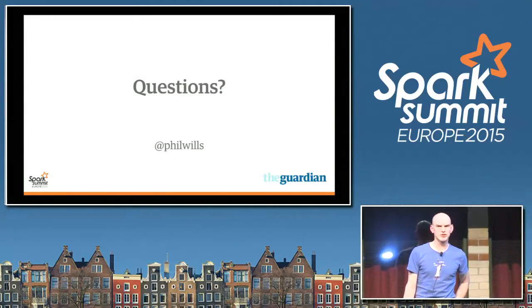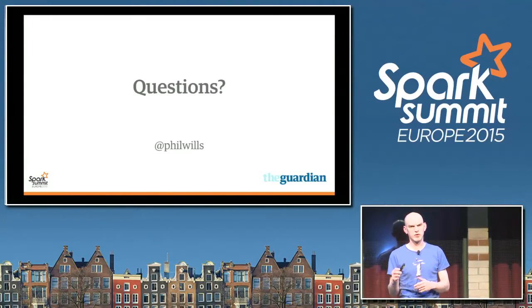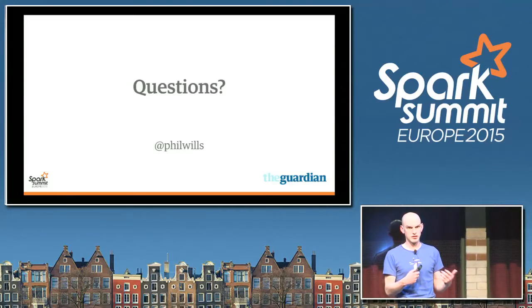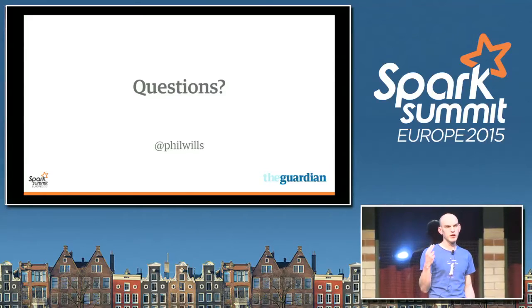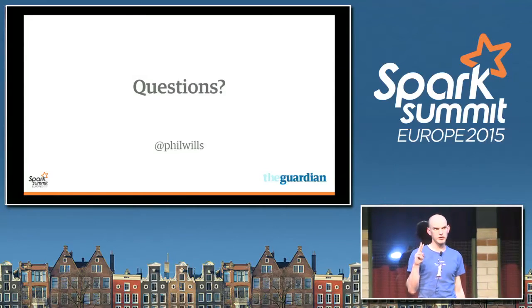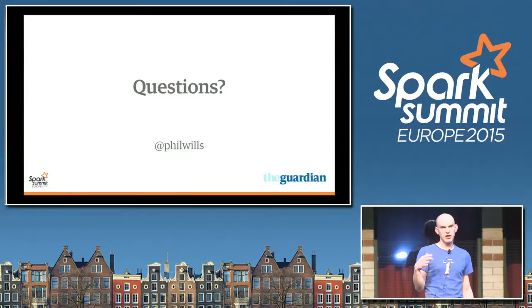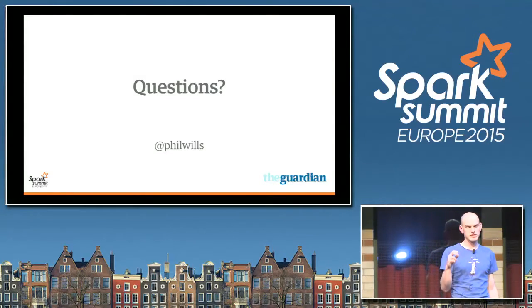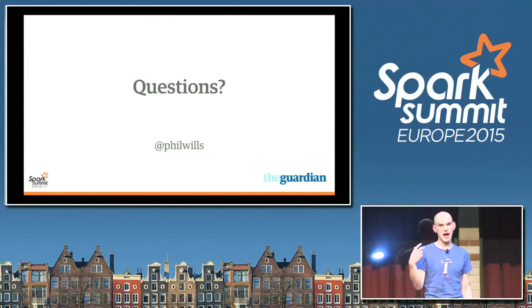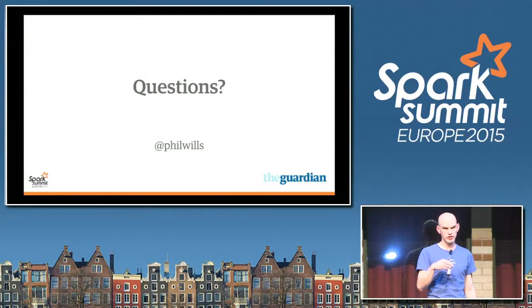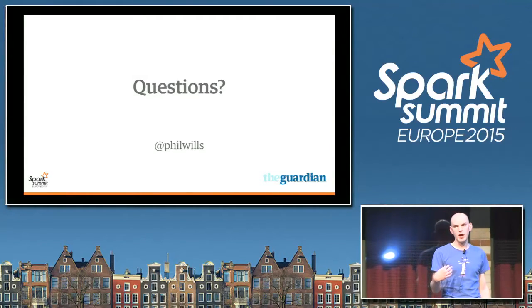So if I understood the question correctly, the question is, what is it we're really trying to achieve overall? There are a couple of different threads. The main two areas we're using it for at the moment are for doing ad hoc querying around the data to answer the kind of questions we can't answer through Elasticsearch around our content and how it's being used by our users, how it's being consumed by our readers.